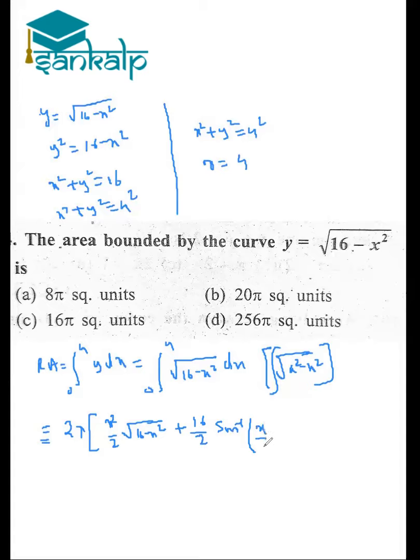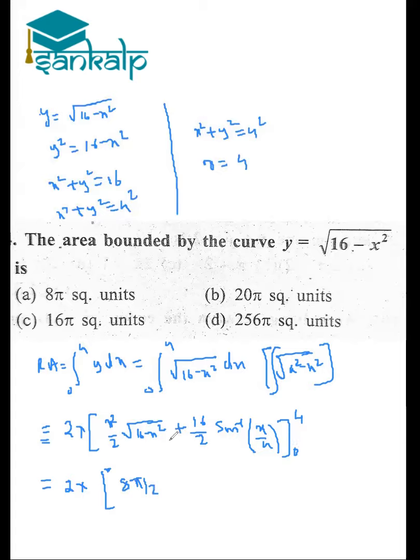A value is 4, so it will be x by 4 under the limits 0 to 4. So on simplifying, first substitute the upper limit. When we substitute the upper limit, the first term will cancel. 4 upon 4 is 1, and sine inverse 1 is pi by 2, and 16 upon 2 is 8, so 8 pi by 2.